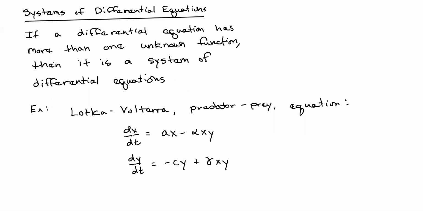One unknown function is x, so we're trying to find the function x that we'd plug in that would solve the system, and we're trying to find the function y.